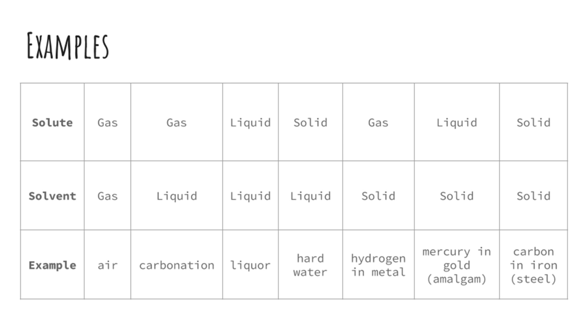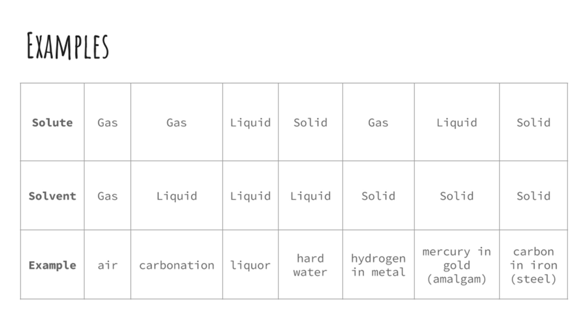You can also get liquids dissolved in solids. Those are not quite as common, just because the liquids tend to take up a little bit more space. But mercury likes to do that with some other metals, and it forms what's known as an amalgam. An amalgam is a special name for an alloy of mercury with some other metal.